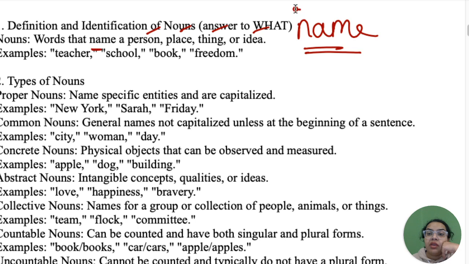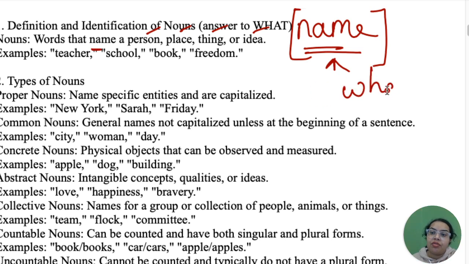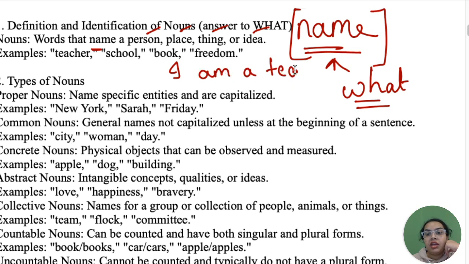So, whenever you're confused, sometimes you may not be familiar with whatever name is used in a sentence. In that case, just ask the question of what. The answer to what is noun. For example, I am a teacher.